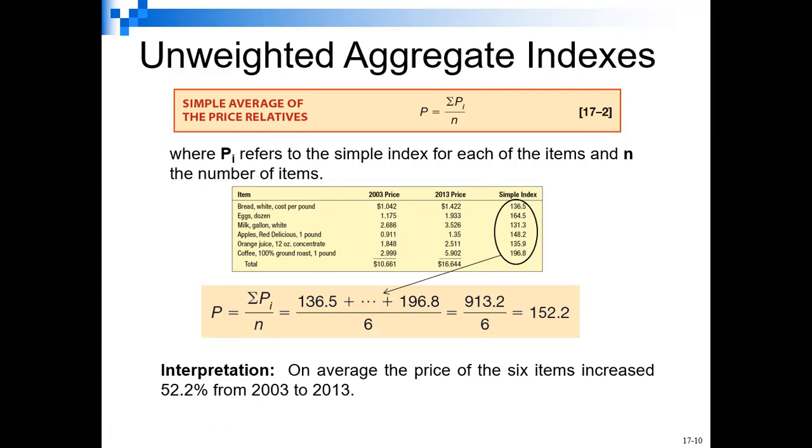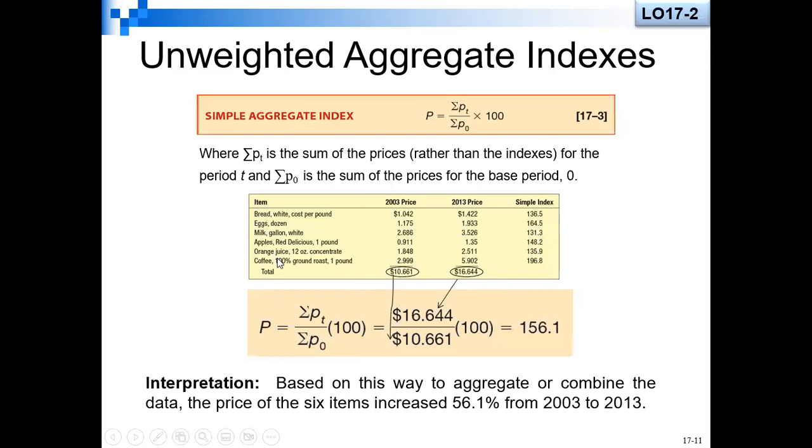And you calculate 1.933 to 1.175, you get 164.5, and then you get the sum of these indices and divide by 6. There are 6 items here: 1, 2, 3, 4, 5, 6. There are 6 items there, and so you divide.